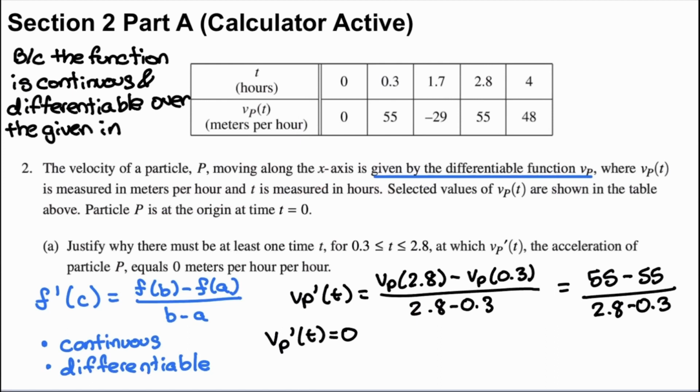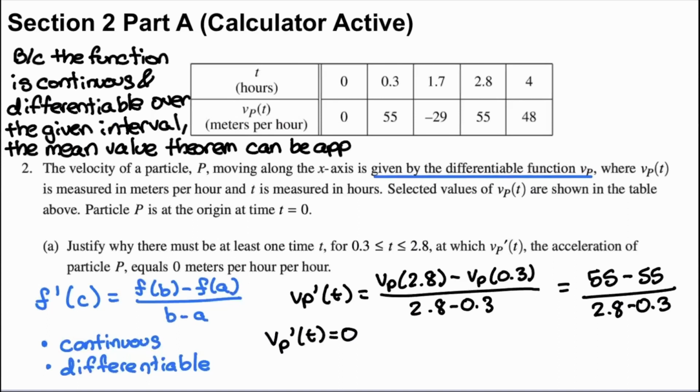You could be more specific and explicitly state what the interval is. The mean value theorem can be applied. You don't want to abbreviate and say MVT. You want to literally write out the mean value theorem can be applied.